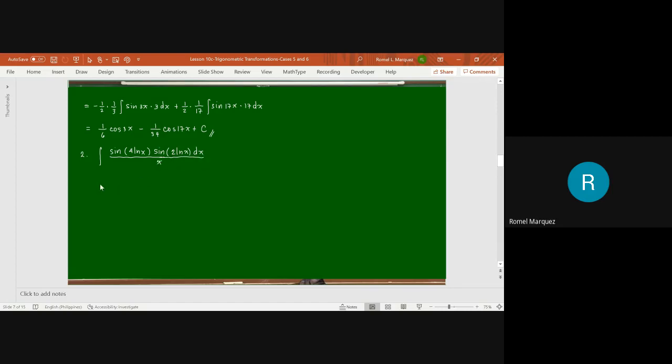Okay, guys? This is equal to, so 1/2. What's the identity for sine? Guys?